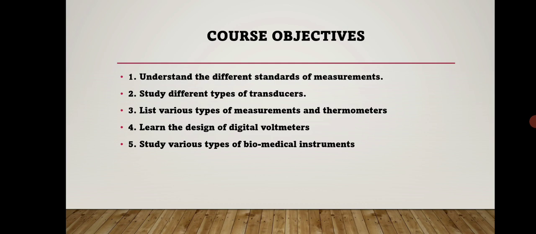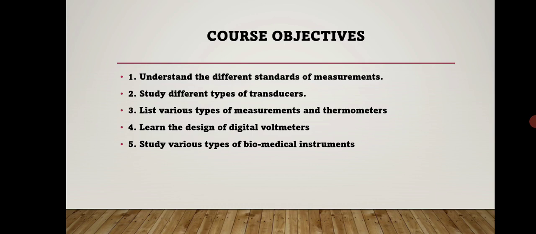We will see the different types of measurements and the different types of thermometers, such as the analog thermometer and digital thermometer, and how you find out temperatures. Coming to the fourth course objective: learn the design of digital voltmeters.